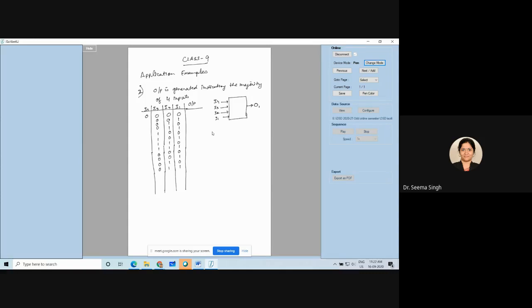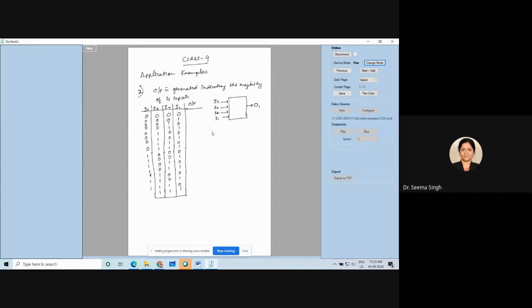What is the majority of 4 variables? Is 1 out of 4 a majority? Or 2 out of 4? 3 out of 4, yes. 3 out of 4 is a majority.